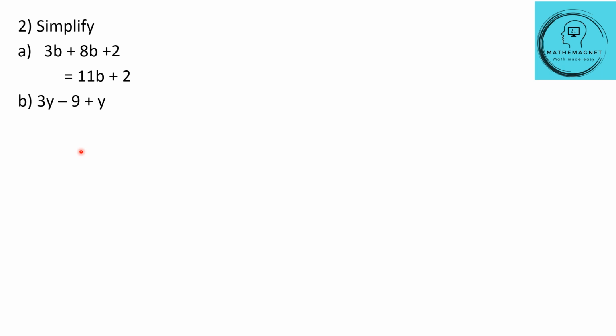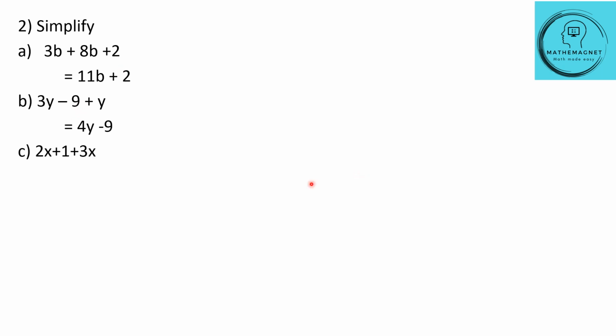B. 3Y minus 9 plus Y. Club together the variable terms, which is 3Y plus Y. Consider the mathematical operations that is right before the term. So this is plus 3Y plus Y is equal to 4Y. There is a minus before 9. So it is 4Y minus 9.